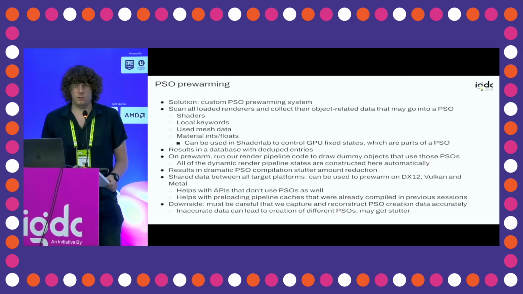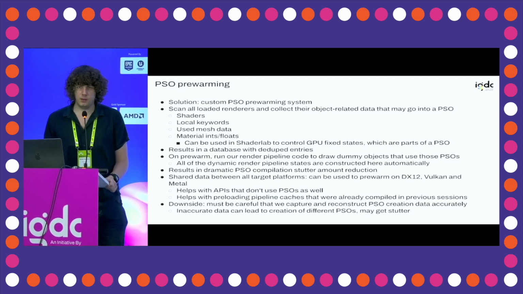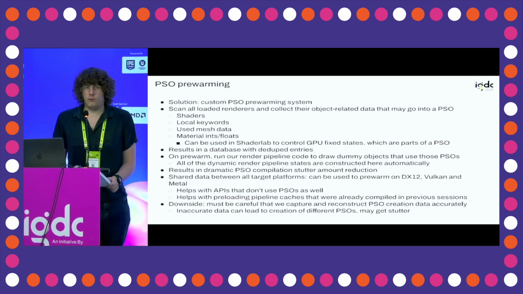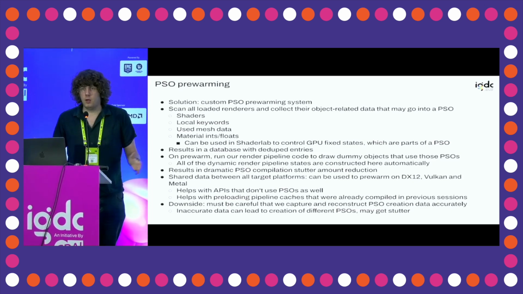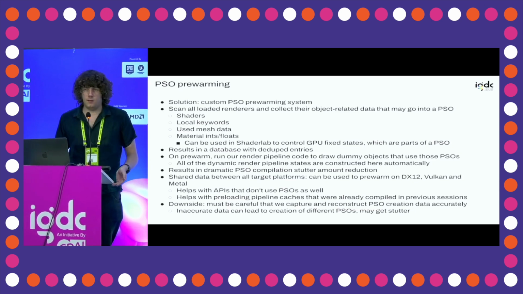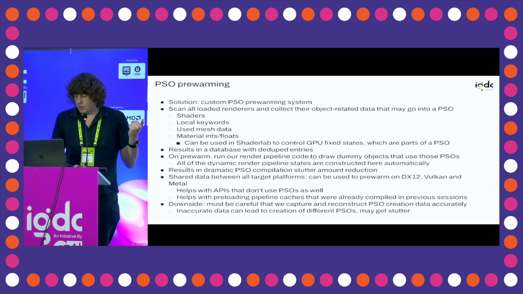We store that into an asset with deduplicated entries, and at runtime we just perform a dry run of our SRP code to pre-warm that data by reconstructing it and the meshes that they use. That's already a drastic improvement.